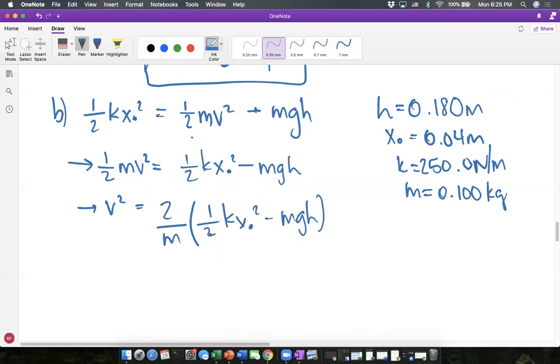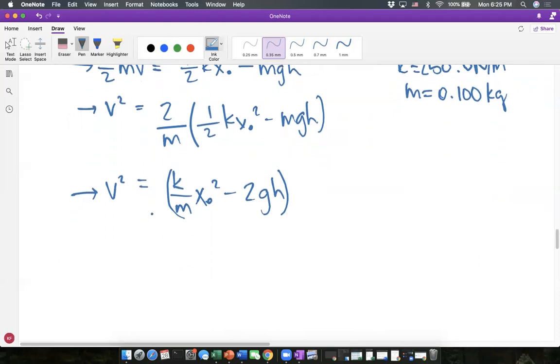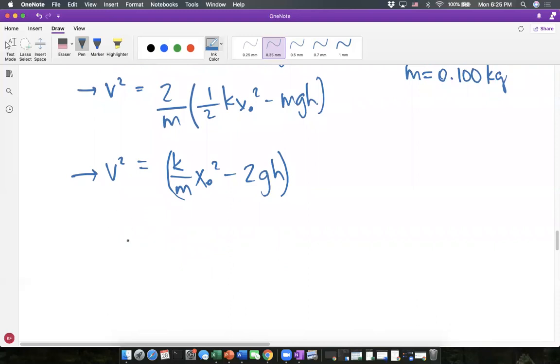Now we can pull in that 2 or leave it out, it's up to you. I'm going to go ahead and do that, and I get k over m x naught squared minus 2gh. You could leave it in that other form. It doesn't really matter, as long as you plug it into the calculator correctly. Now we want to take the square root.